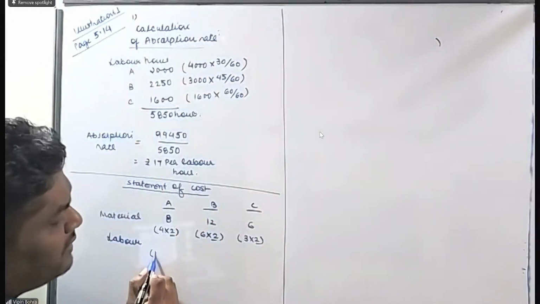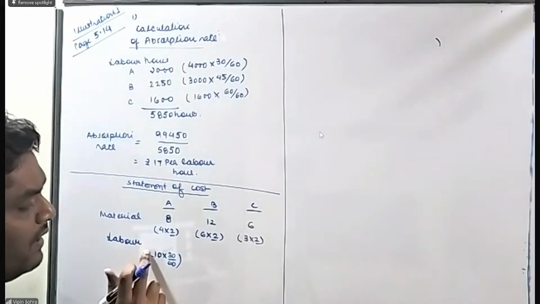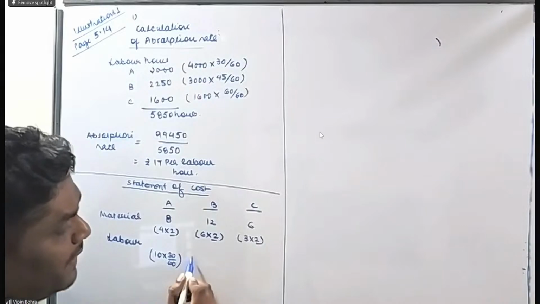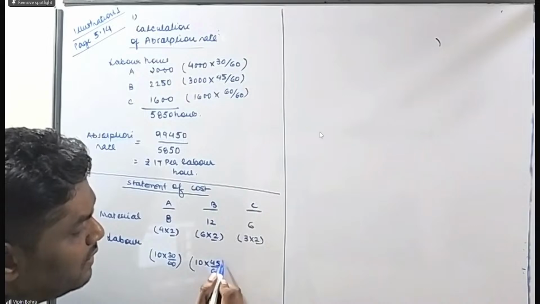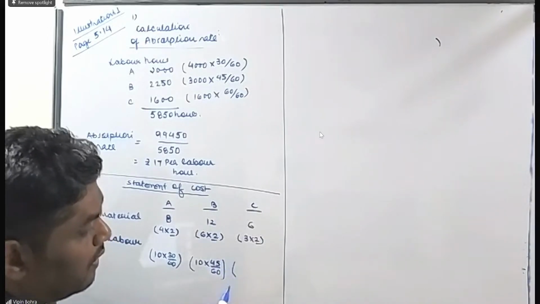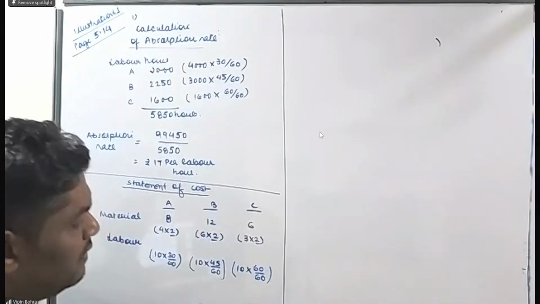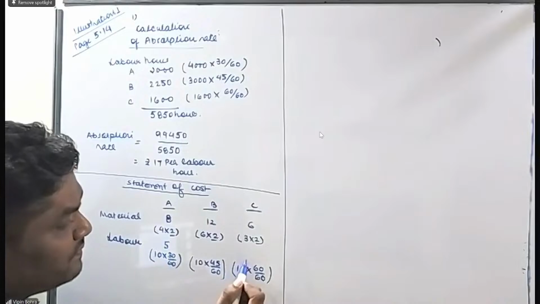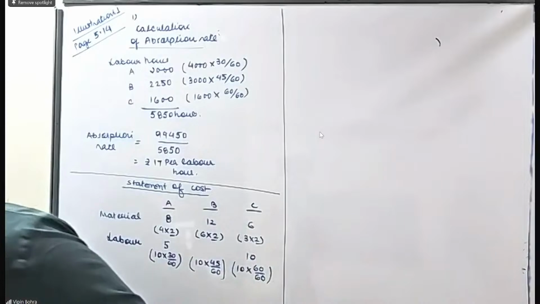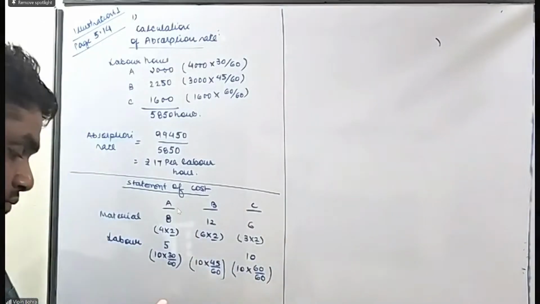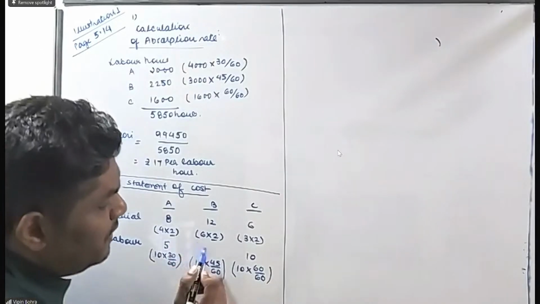Since the cost is given per hour, it is 10 into 30 divided by 60, 10 into 45 divided by 60, and 10 into 60 divided by 60. So this will be 5, this will be 7.5, and this will be 10.